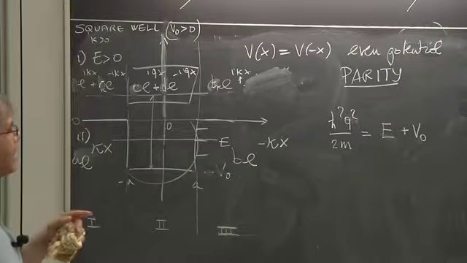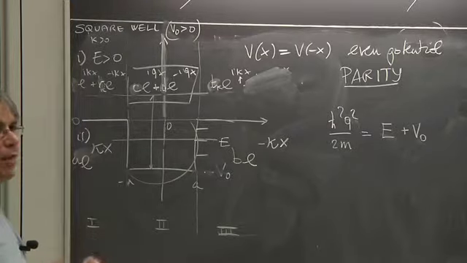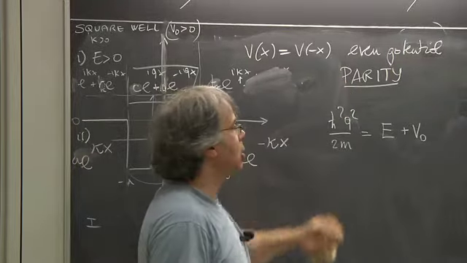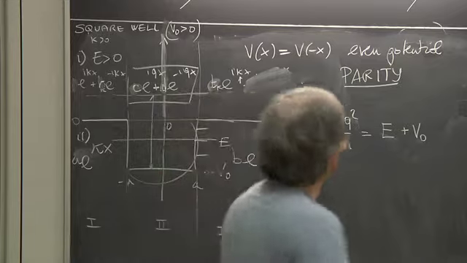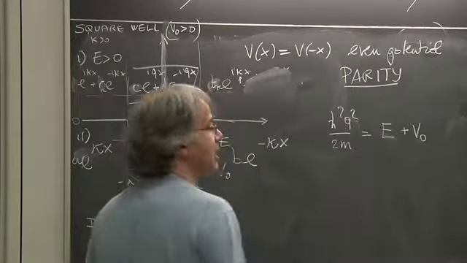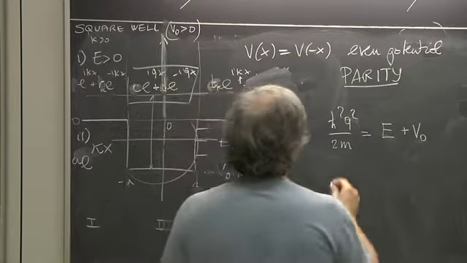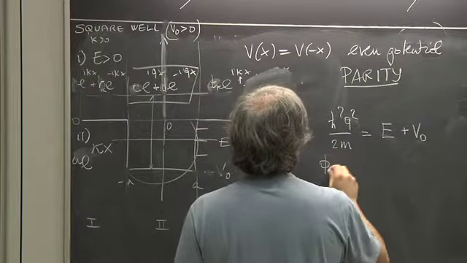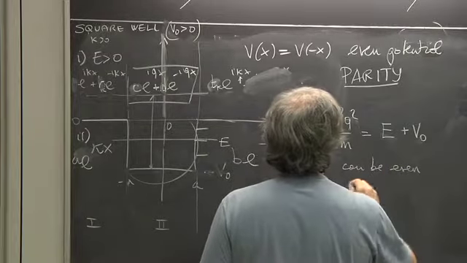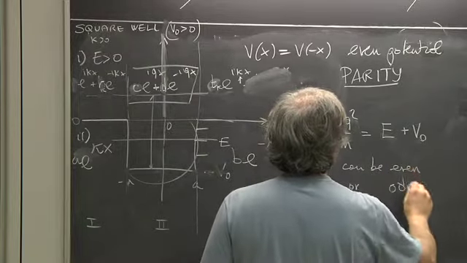However, there is an even simpler way of doing this problem by exploiting parity. You will learn, and we'll do it in more detail later on, that whenever the Hamiltonian is even, the solutions can be of two types. Phi can be even or odd.